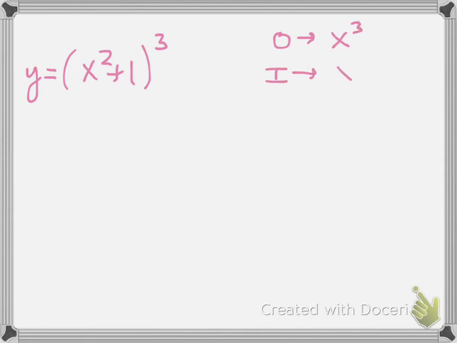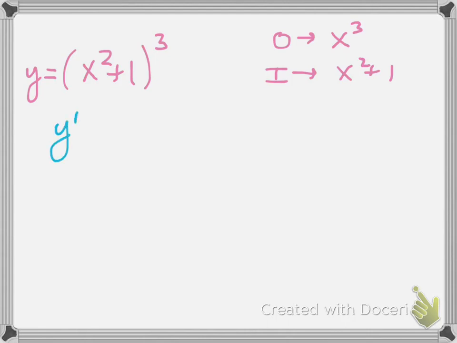So let's say, again, we have x squared plus 1 to the third power. That's our function. If the outside piece is x cubed and the inside piece is x squared plus 1, how does that work with that definition we just talked about? We have the derivative of the outside.